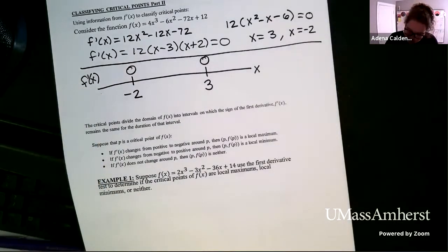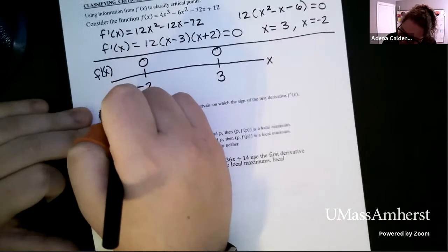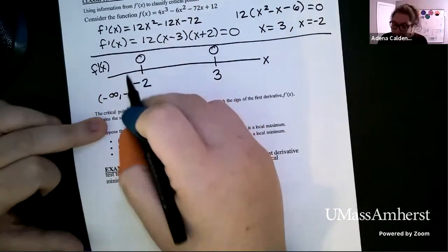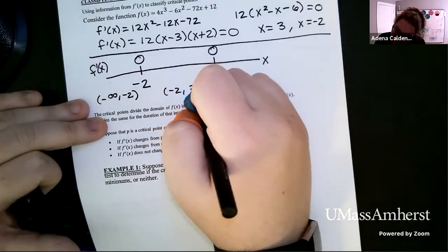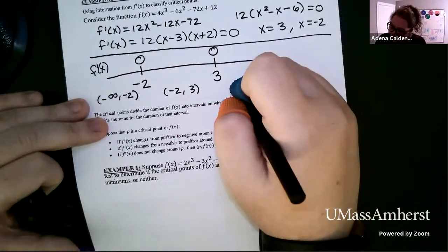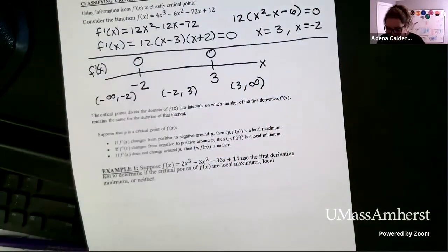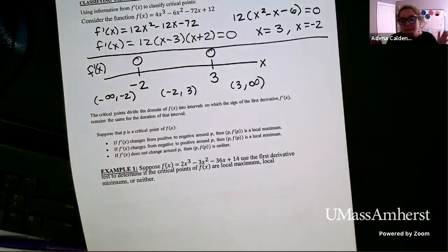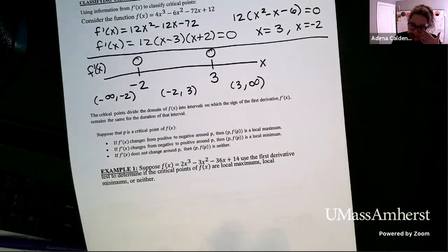So my intervals here are going to be -∞ to -2. That's this first interval. -2 to 3 is the second interval. And 3 to infinity is the third interval. The critical points will divide up where the function is doing different things, basically, is what's happening here.